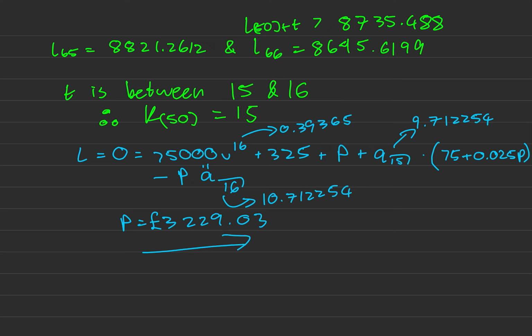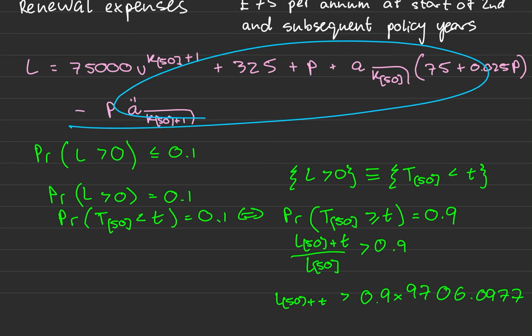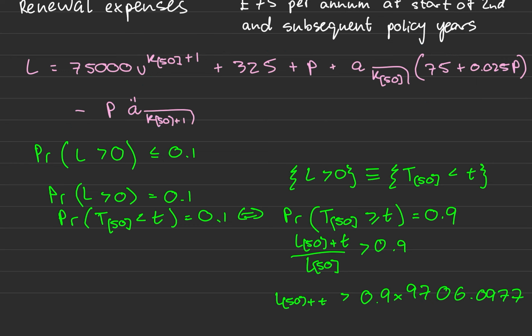Now let's quickly recap how I did this so that we can understand the steps. Let me clearly delineate it for you. We started off defining the gross future loss random variable. Very important. From there, we said this question is asking us for the probability of making a loss being no more than 10%, 10% or less. So I write that in terms of probabilities.